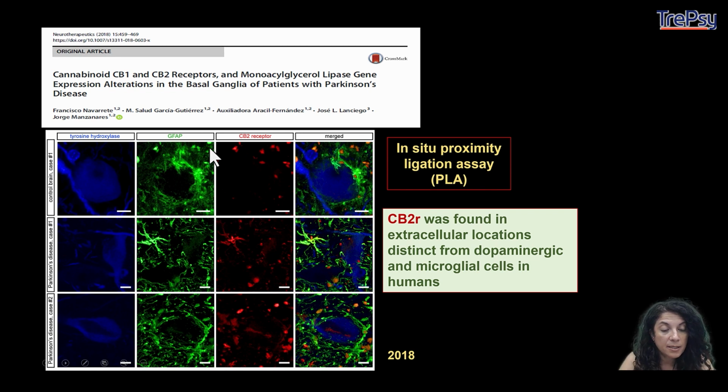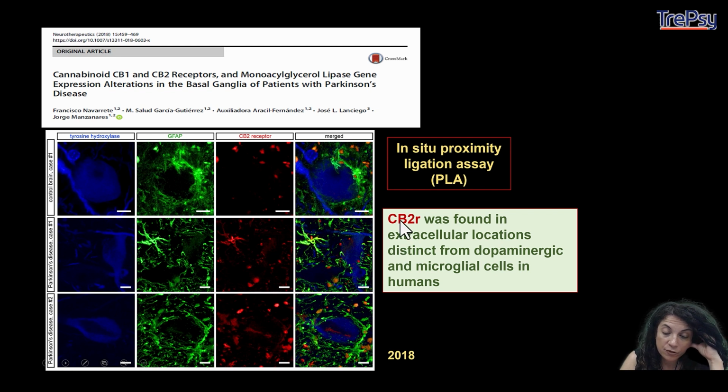And we can see the tyrosine hydroxylase in blue, the GFAP to label astroglial cells, CB2 receptor in red, and merge.